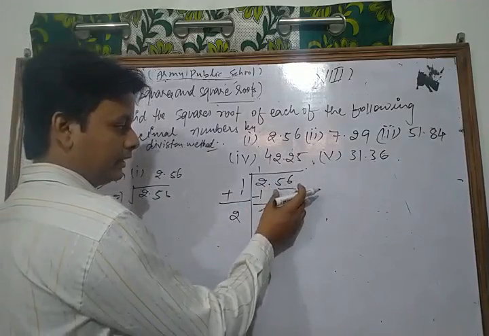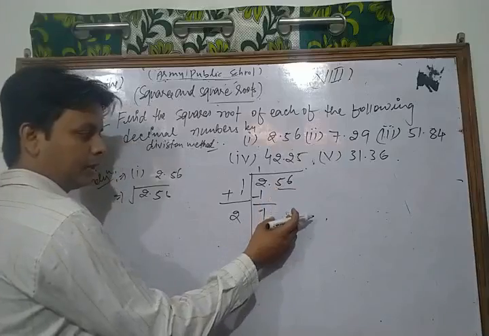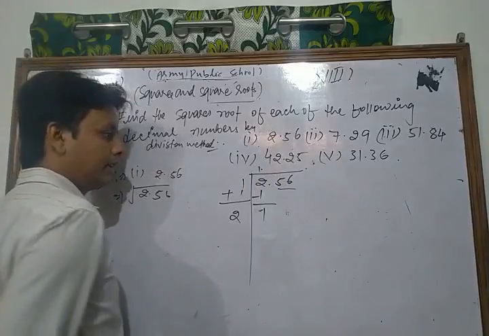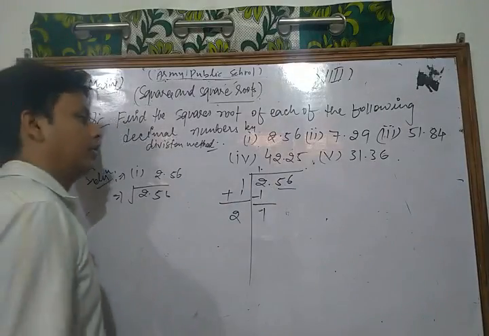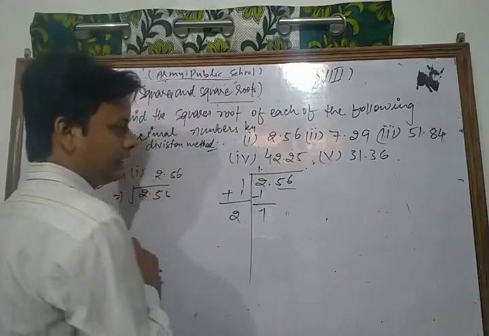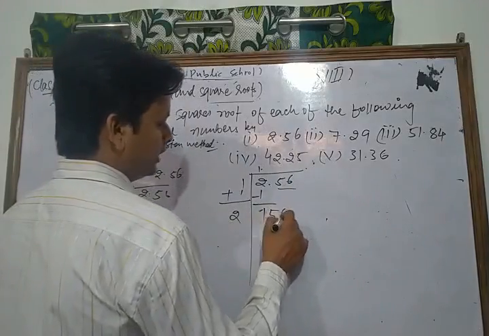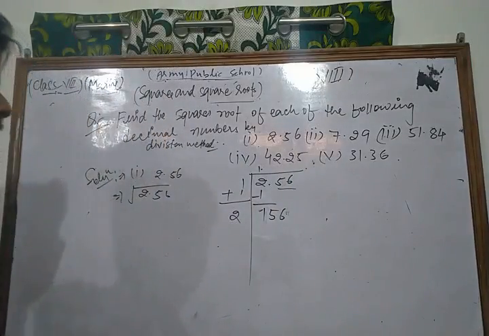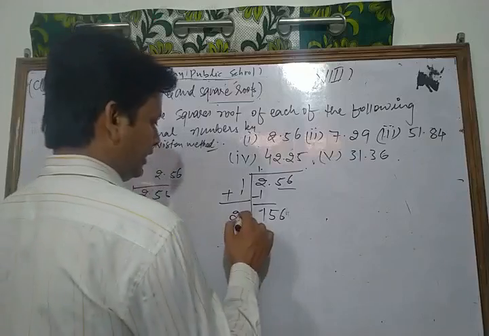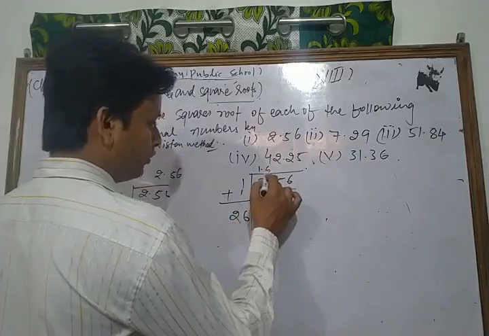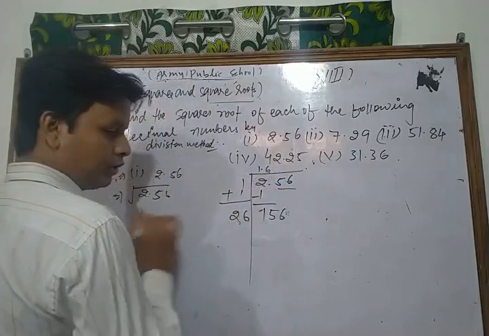After bringing down this pair, here we write the decimal, because the decimal place comes after one digit, so we take the decimal point. Now we write 56. Now how many times do we take? 6 times. Here we write 6, here we write 6. Now we multiply that 6 by 26.